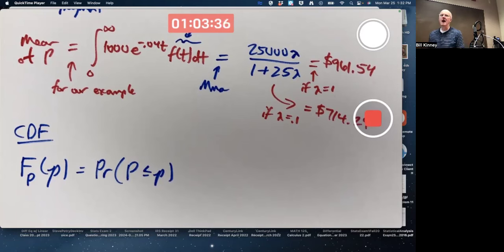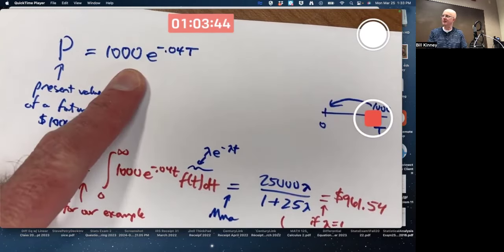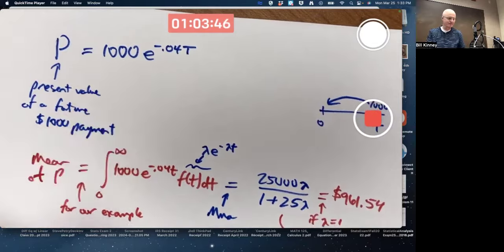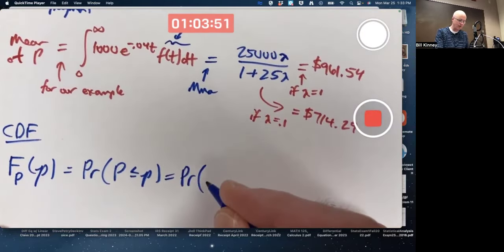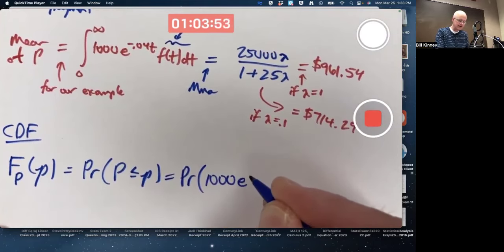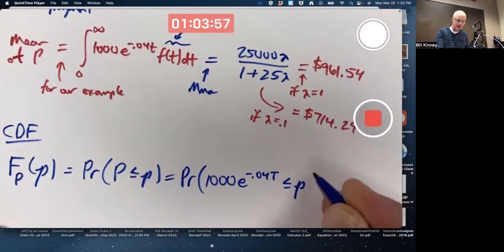How? Relate this to T. Capital P equals this function of capital T. Use that. Replace capital P with 1,000 e to the negative 0.04 times capital T. Keep this as a lowercase p, though.